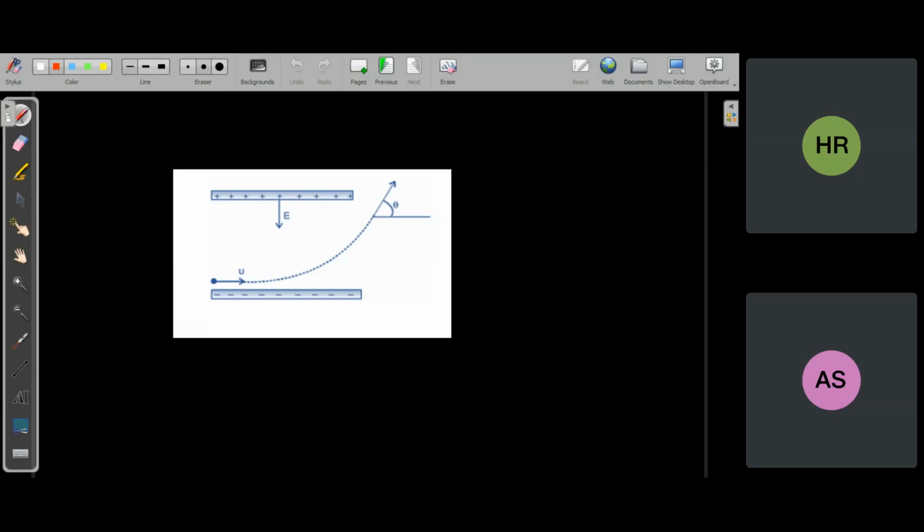Radius of curvature is one unknown, theta is another unknown. How will you get it? Even if you got the radius of curvature, how will you link it with theta?